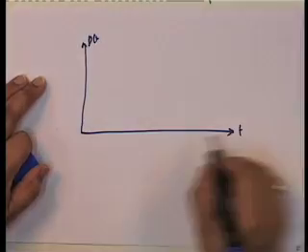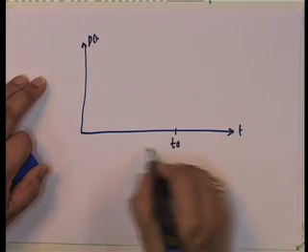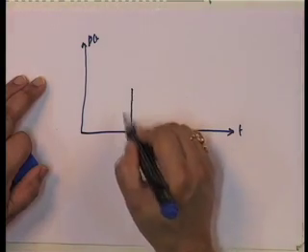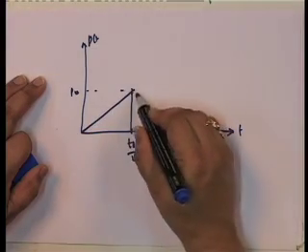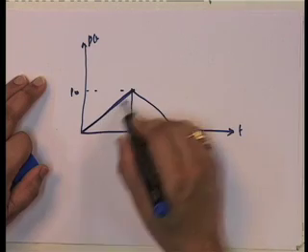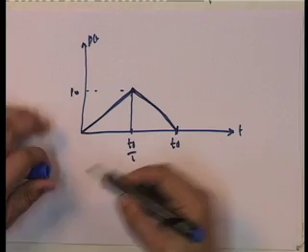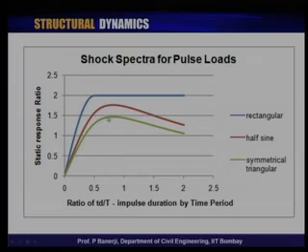P of T, for the symmetrical triangular, is defined over Td, with the peak at Td by 2, of magnitude P naught. Why don't you take this as an exercise and show that this is the shock spectrum for a symmetrical triangular one.